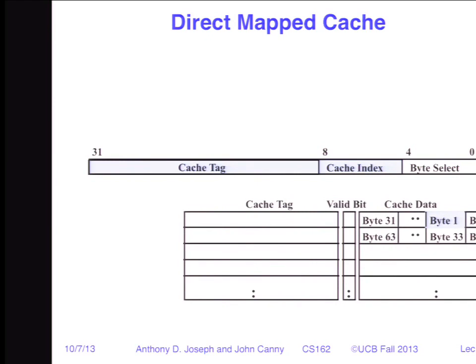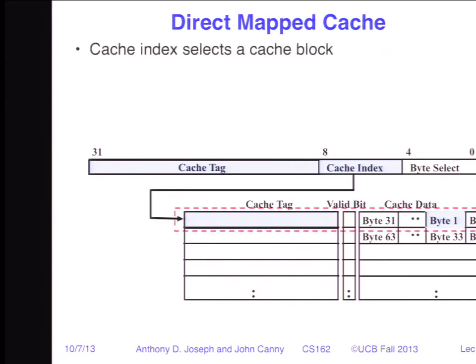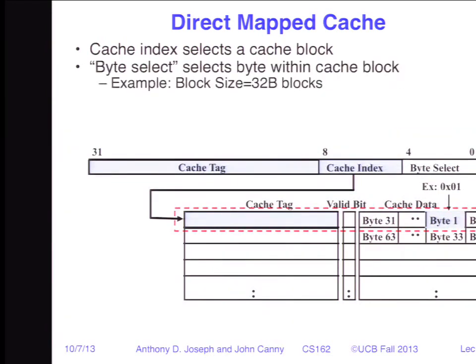So we're going to use the cache index to figure out which line we store it in. Okay? So this selects a cache block. Then we use the byte select to tell us which of the 32 bytes is the byte we want.